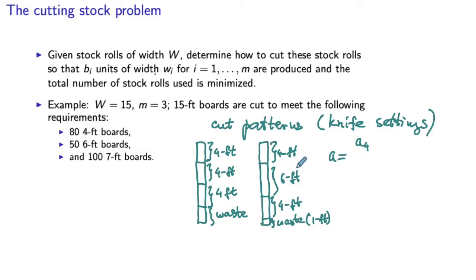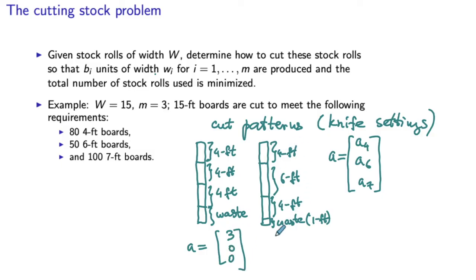Then A6 will be the number of 6-foot pieces, and the number of 7-foot pieces will be denoted by A7. And this vector will represent our cutting pattern. For example, in this case right here, we have three 4-foot boards, and we don't have any 6-foot or 7-foot boards. So our cut pattern can be represented by the vector (3, 0, 0).